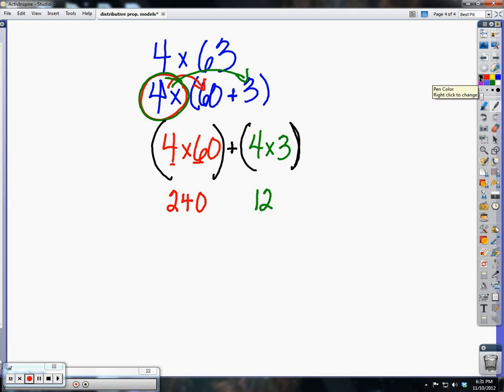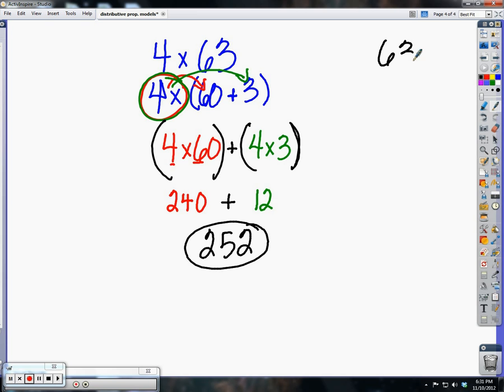Now that we're done working out what's in parentheses, we can perform the operation in the middle. 240 plus 12, that would give you 252. So the product would be 252. If I did this in the traditional algorithm or the standard algorithm, I would use the commutative property and switch the order of the factors and put 63 on top as the multiplicand because it has the most digits, and put the 4 on the bottom as the multiplier.